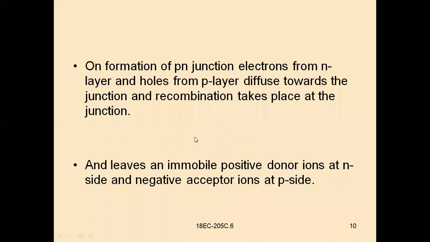The recombination of holes and electrons will take place at the junction. And what happens? This leaves the immobile positive donor ions in N type as well as negative acceptor ions at P type.